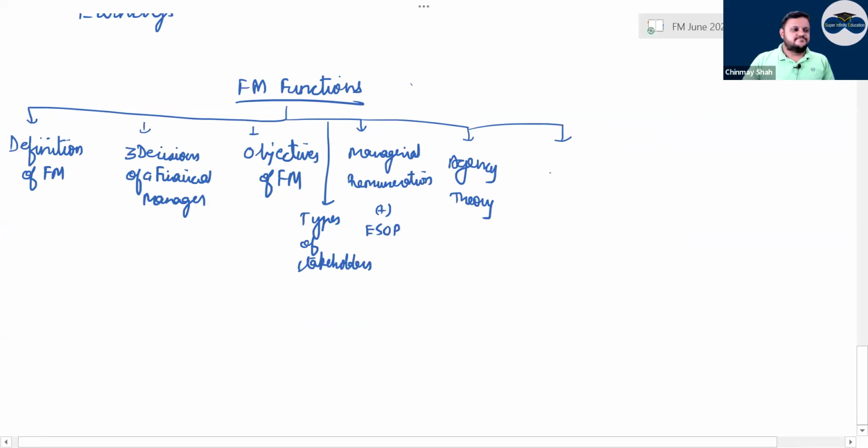Agency theory is done. Then here you can write ESOPs, done; agency theory, done; managerial remuneration, and stakeholders also done. Type of stakeholder, plus write down stakeholder conflict. Then here you can write corporate governance.